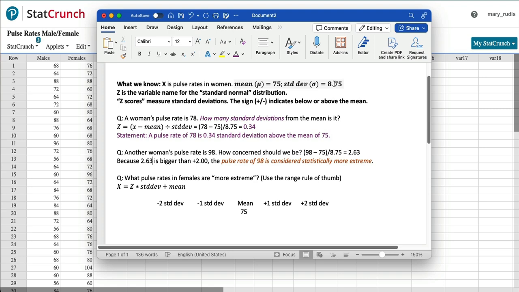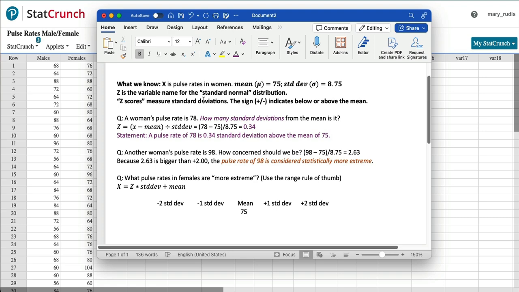But what's going to give us our relative standing is what we call a z-score. Capital Z is a random variable. It's the variable name for something called the standard normal distribution. And the standard normal distribution measures in units of standard deviations.